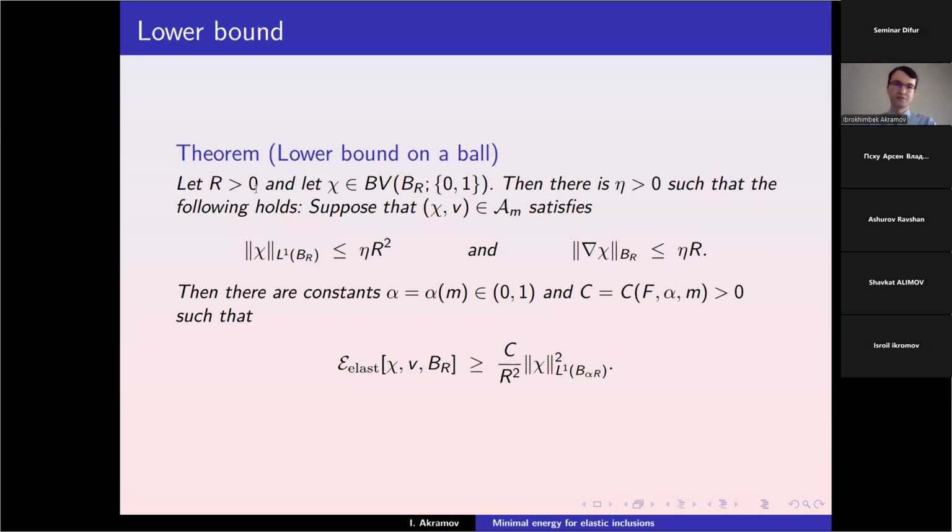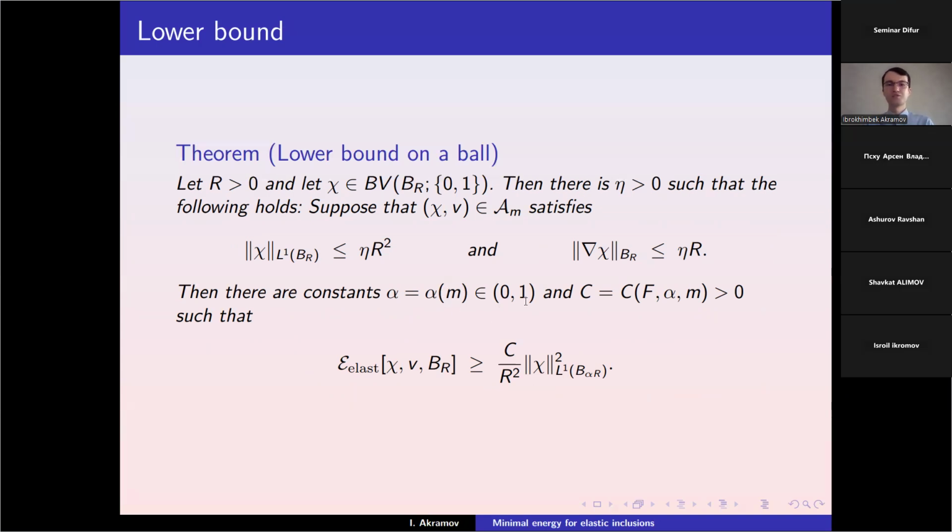For the lower bound, we need the following result. First, let R be positive and chi be from this set. Then there is nu positive such that the following holds. Suppose that chi and v are from this admissible set and satisfy that the volume of chi is smaller than nu times r squared and the perimeter of chi is smaller than nu times r.